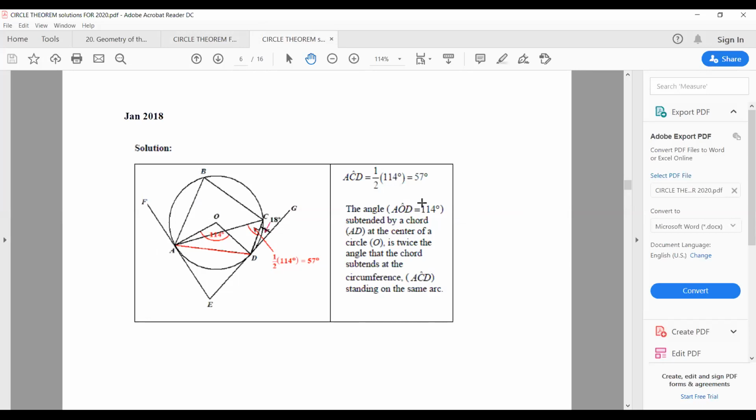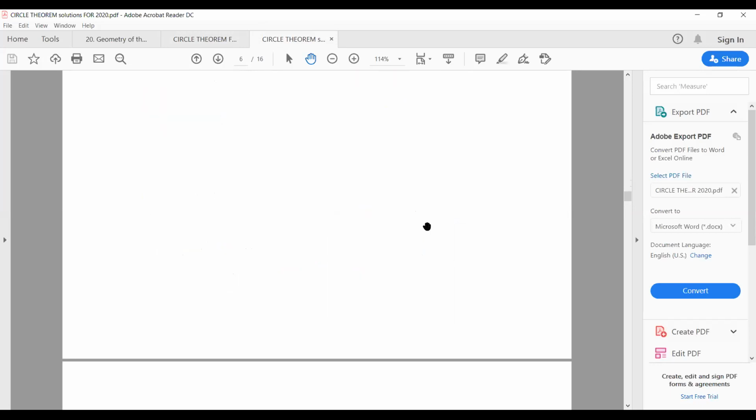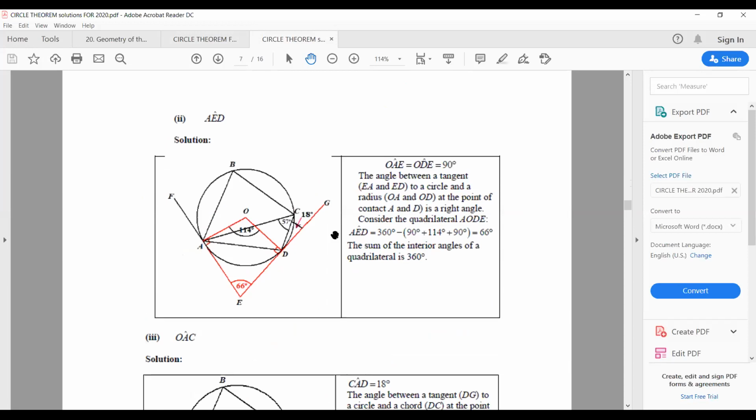So how many of you got 57? Me, William, Tyson. Don't forget Mohammed. Yes. Right? The other part, we were asked to find angle AED. So E, we were asked to find here. How do we find E? Let's see.